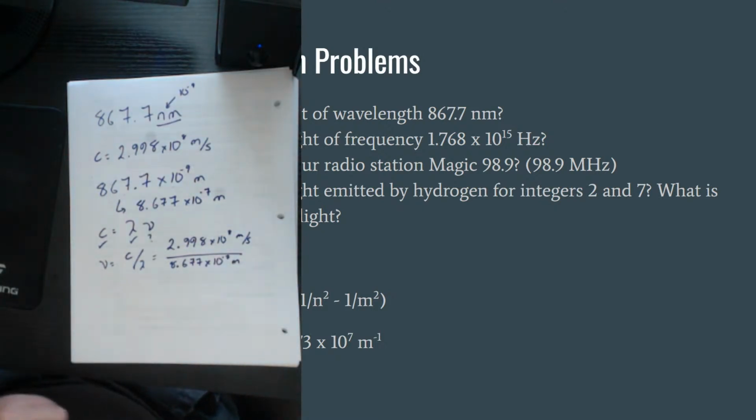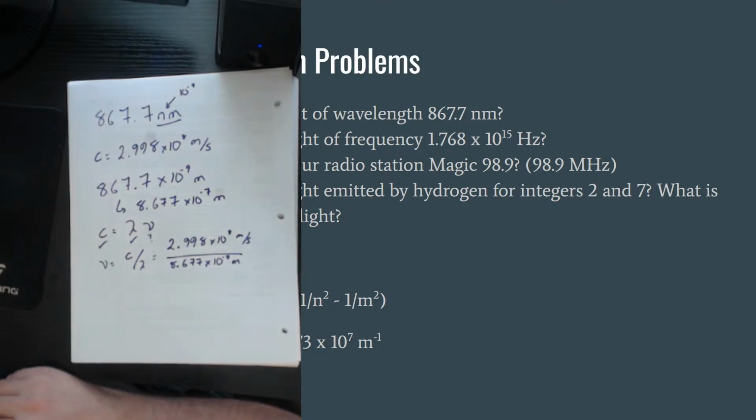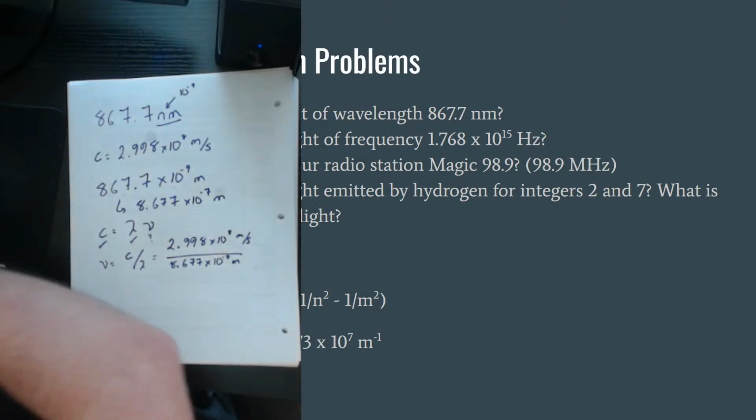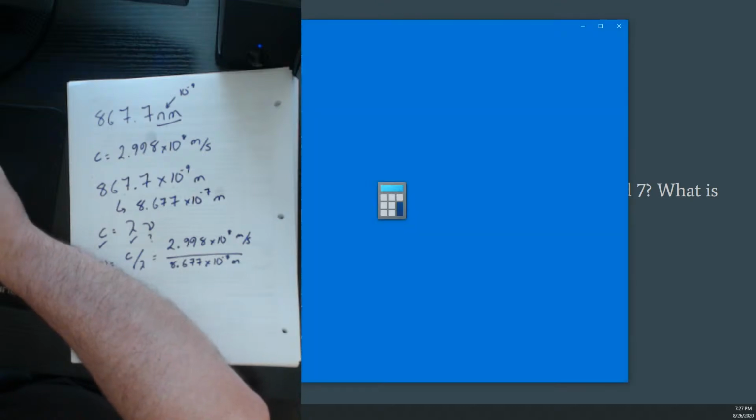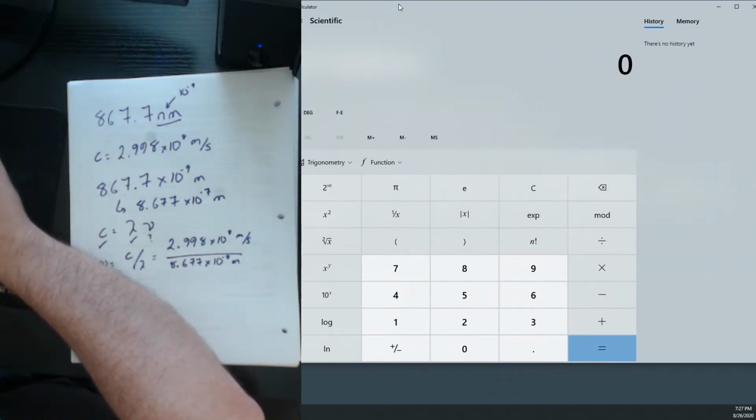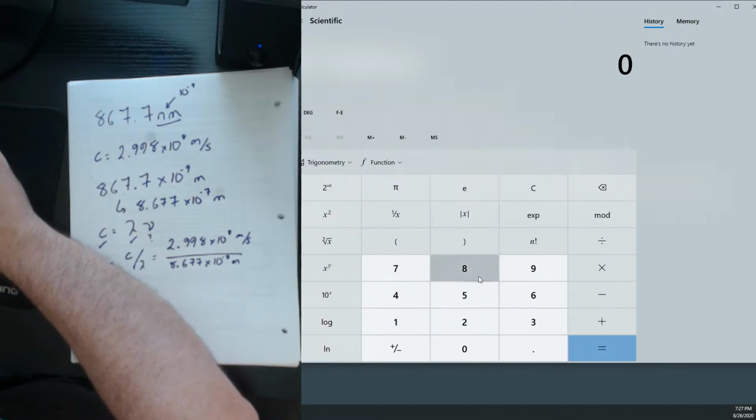Dang it, my scientific calculator's out in the car. So I'm just going to use the crappy calculator provided by Windows. Here comes the scientific calculator. So 10 to the 8th times 2.998.